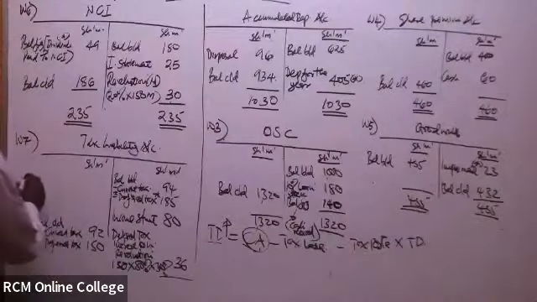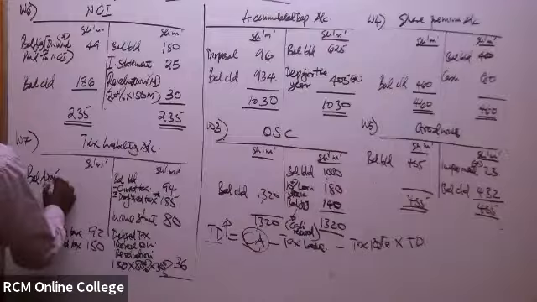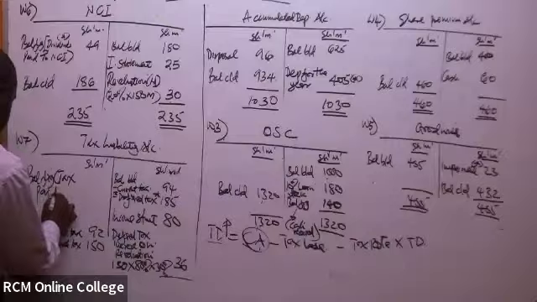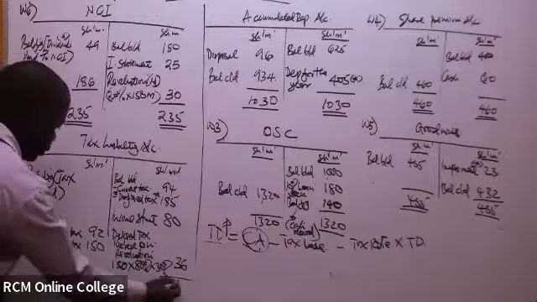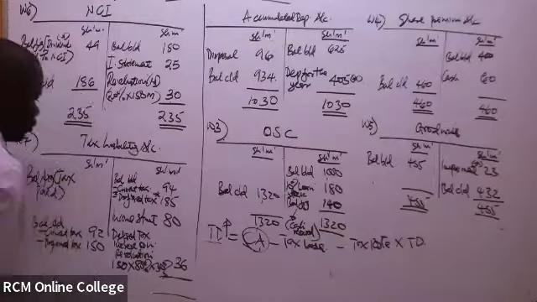There'll be a balancing figure here, which in this case will be the tax paid during the year. So what is the total when you add?